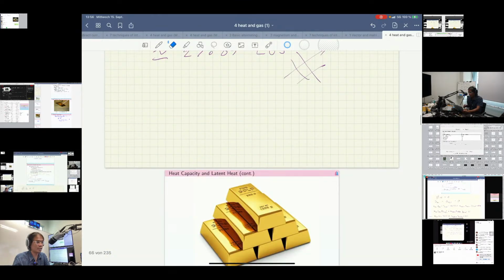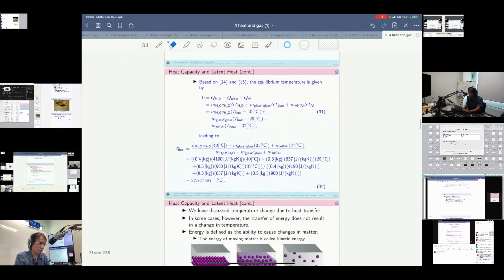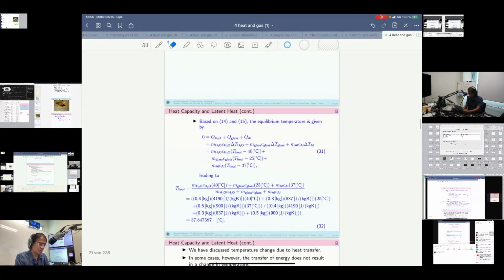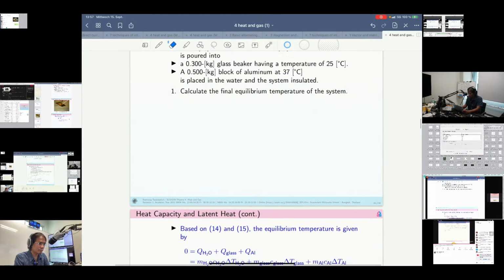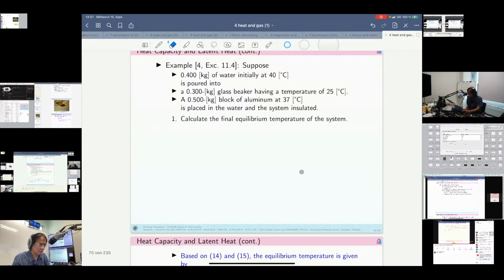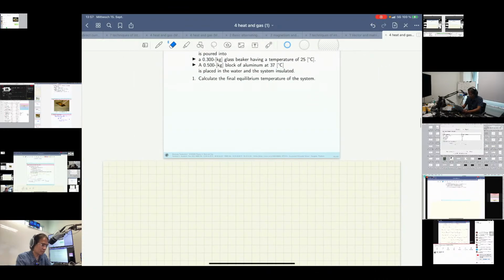All right. We reach the final problem, right? There are three things in this problem: water, glass, and a block of aluminum.